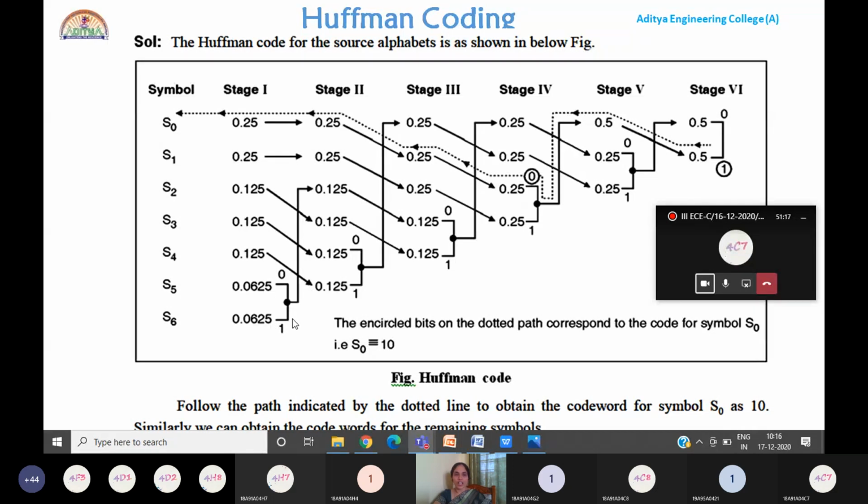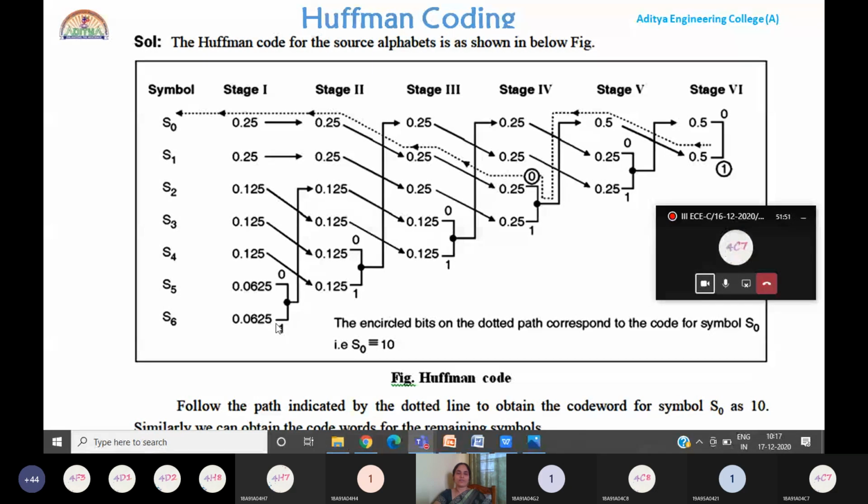So add the last two terms, S5 and S6. If you add these two, you will get 0.125. After adding, please assign 0 to the last but one term, here symbol S5, and 1 to the last term.